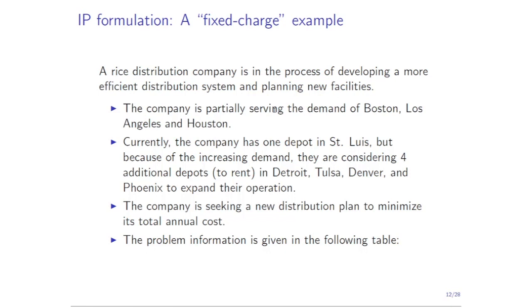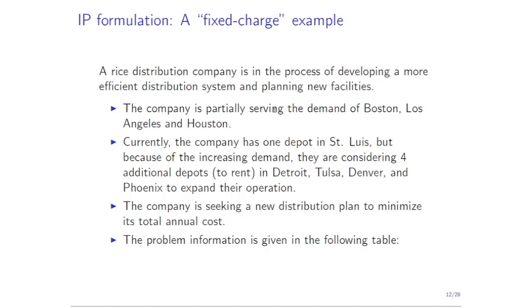So you will see that we will have variables to represent the amount of rice that we ship to different destinations, and those variables can be continuous variables. The focus here is to use integer variables to model this fixed cost part.